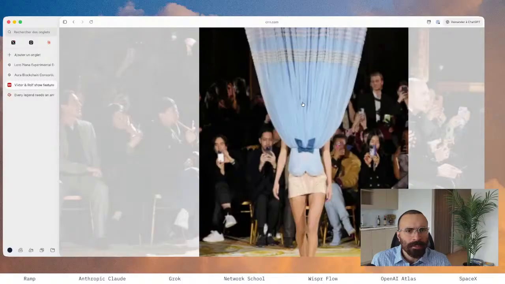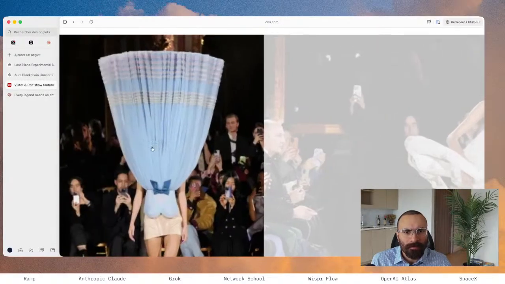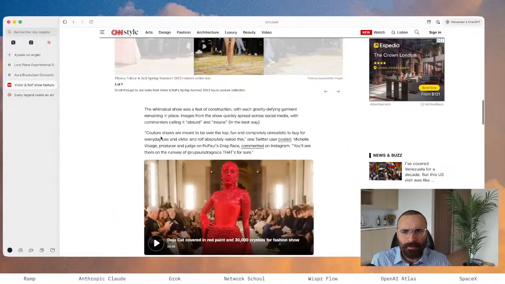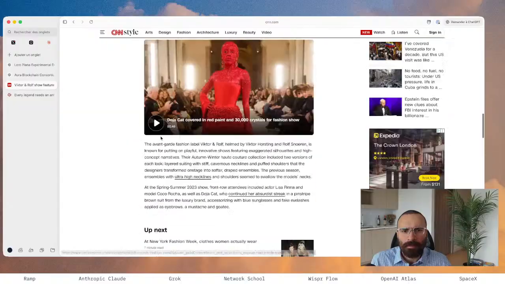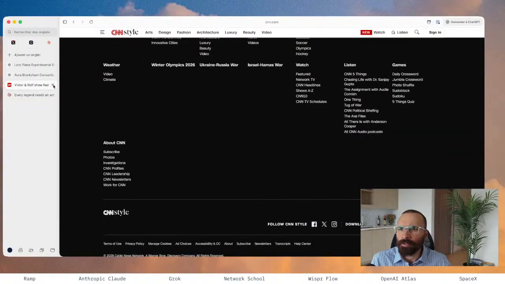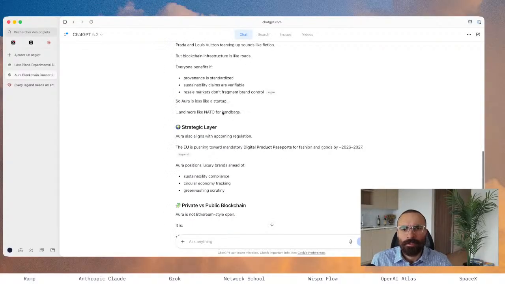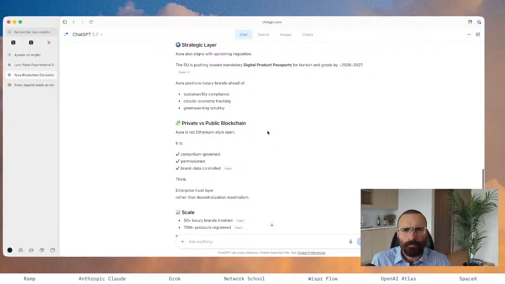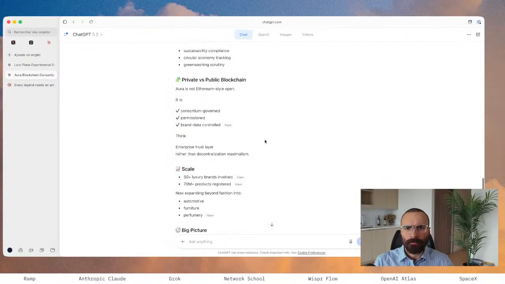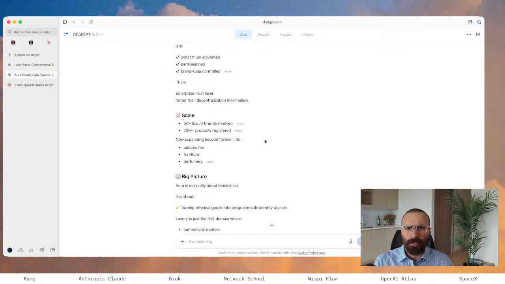I think there's a little thing where people can see. Interesting. Strategic layer. Sustainability compliance, circular economy tracking, greenwashing scrutiny. Consortium governed permission, brand data controlled.